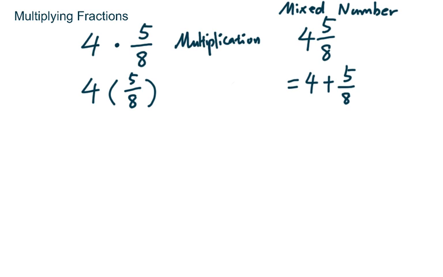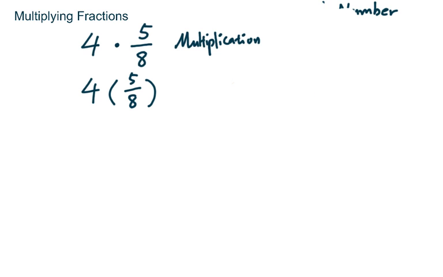Alright, so now that we set up this, we can erase the right side just to help you understand. Now to multiply a whole number with a fraction, you can also rewrite your whole number as a fraction. So the whole number 4, you can write it as 4/1. So 4/1 times 5/8. And like we explained before, you can reduce before you multiply.